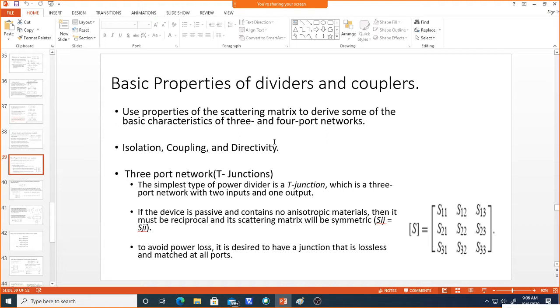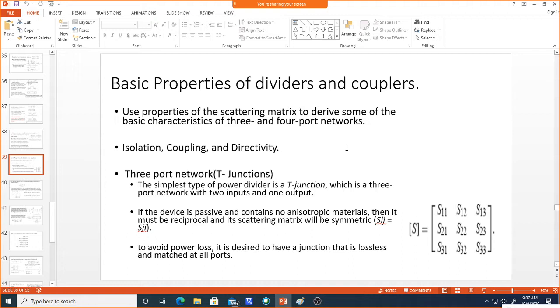The properties you get from the couplers or dividers are isolation, coupling and directivity. Isolation means that whenever you get power from the output ports, that is port 2 and port 3, for example in a 3 port network dividing the power between port 2 and port 3, there is no interference between port 2 and port 3.